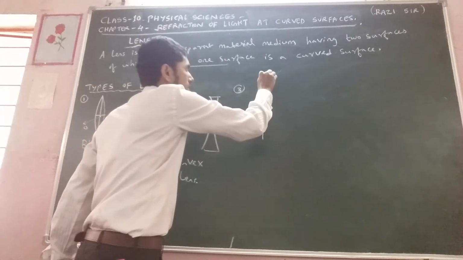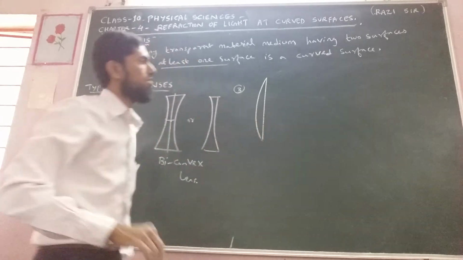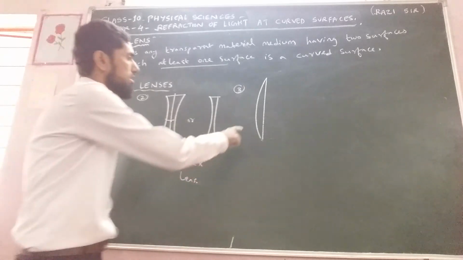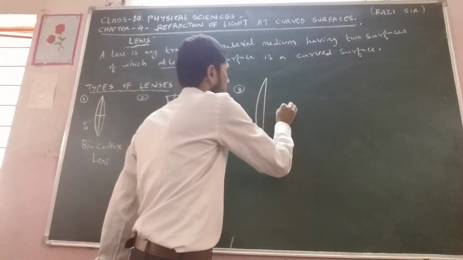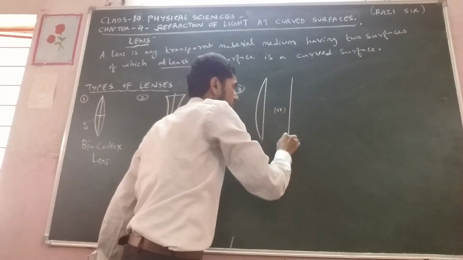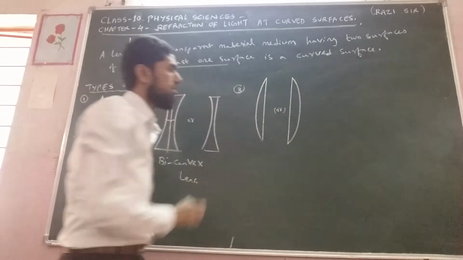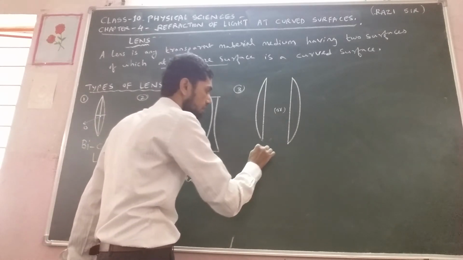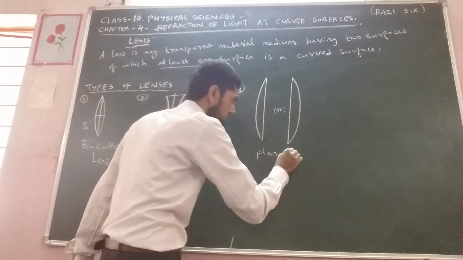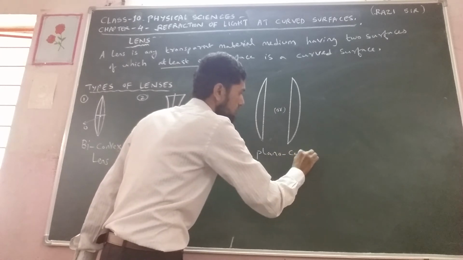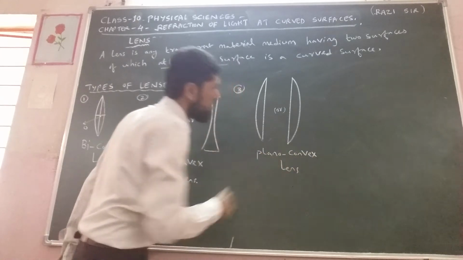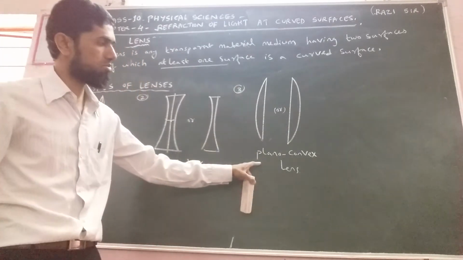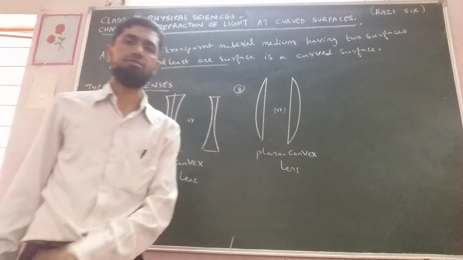The third one is a lens having one surface as a plane surface and the other a curve, and this curve is a convex one, either this or that. Both of them we call a plano-convex lens, having a plane surface and a convex surface. We first use the term plano, then convex.